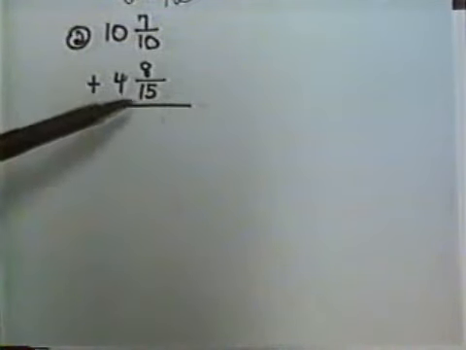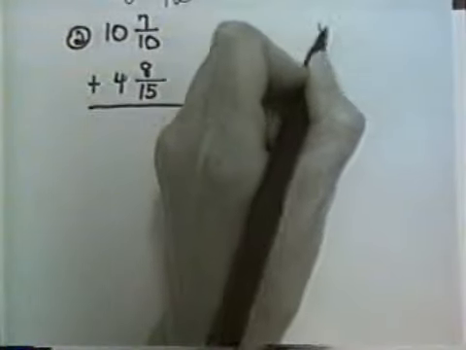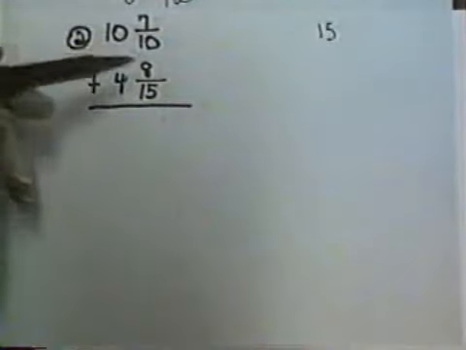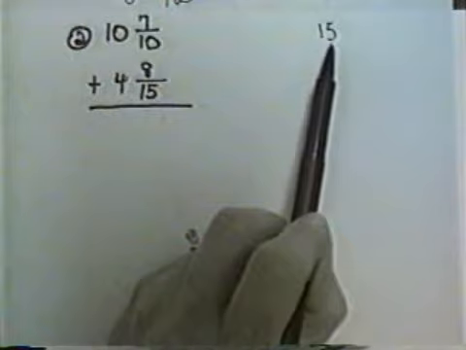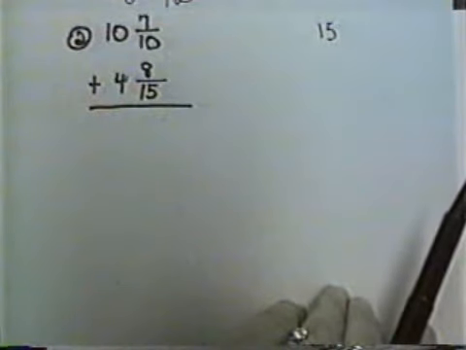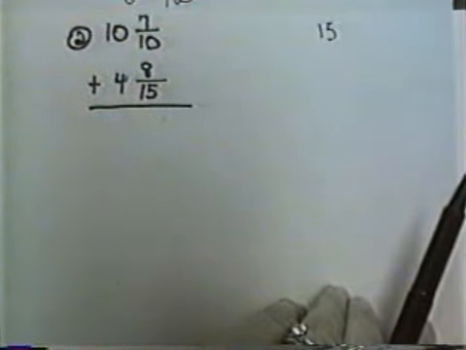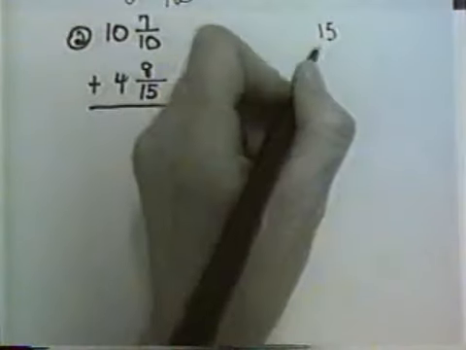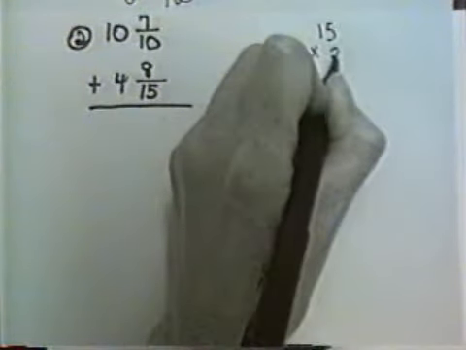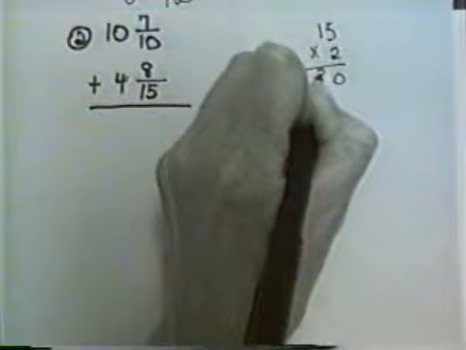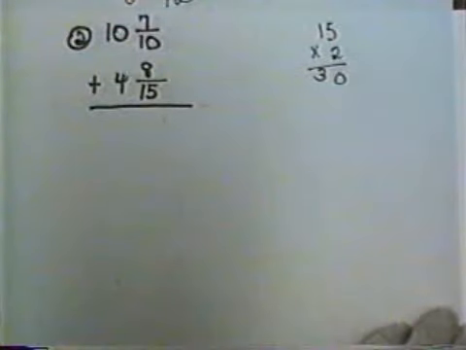Okay, we're going to work with 15 to begin with, and 10 won't go into 15 evenly because 15 doesn't end in a 0. Remember, if it's going to be divisible by 10, it's got to end in a 0. But as soon as we try 15 times 2 and we get 30, we find out it didn't take us very long to get our 0.